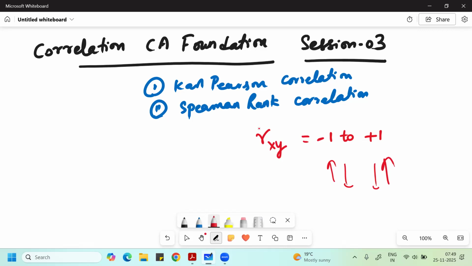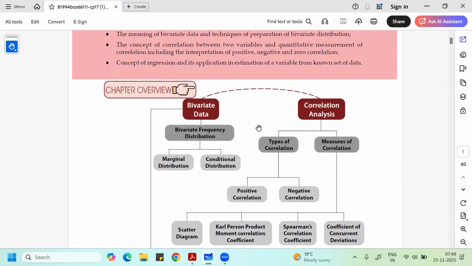Positively correlated could be the performance of TCS with respect to Infosys, or your marks in maths with your marks in statistics. When two variables are positively correlated, they move in the same direction, and when negatively correlated, they move in the opposite direction.